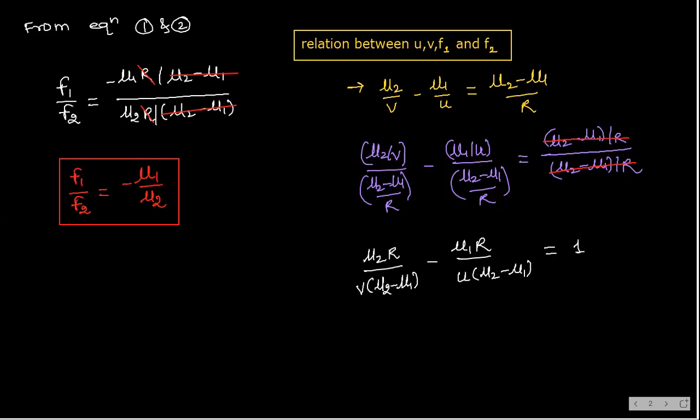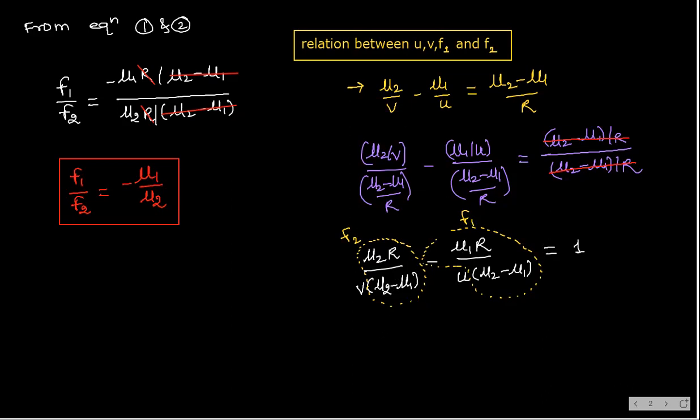Now this yellow dotted circle, you see, this value is what? This value is f1, and this minus complete value is what? You check once. This is f1 and this is f2. Mu2 r by mu2 minus mu1 is f2. So I will write here, this is f2 and this is f1, whatever yellow circle values are there.